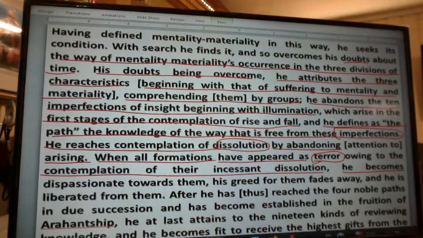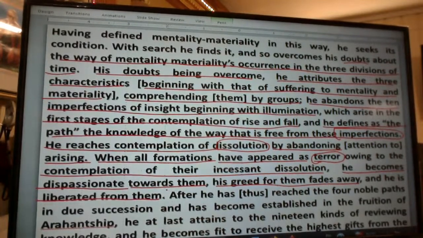He becomes disenchanted toward them, Namarupa. His greed for them fades away. So he is liberated from them.